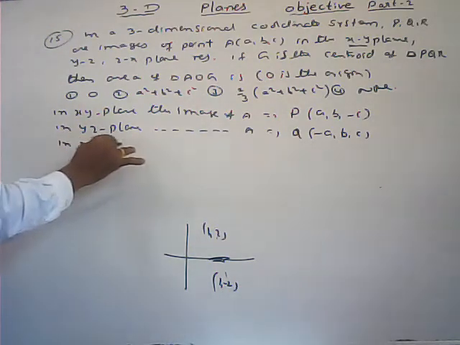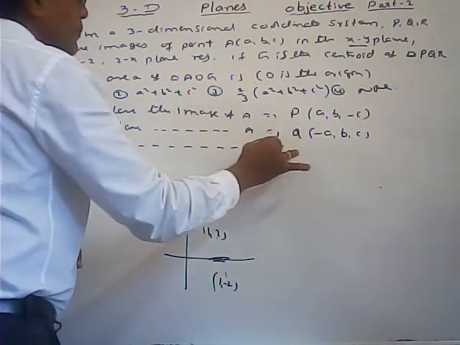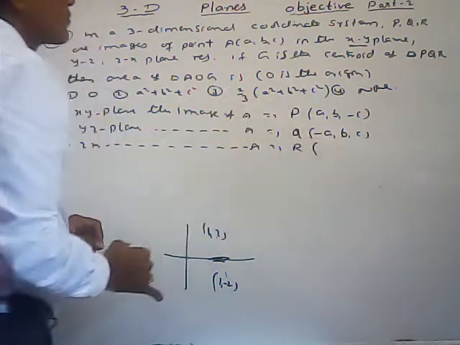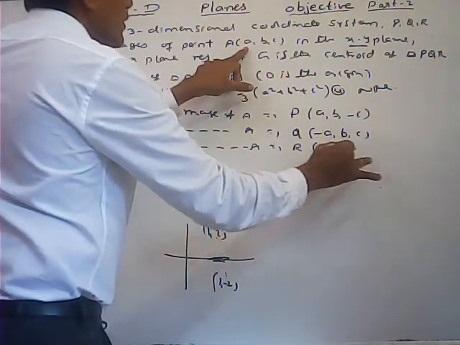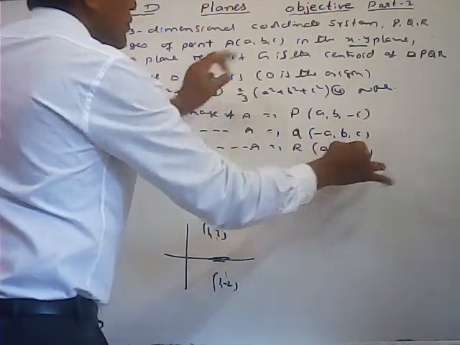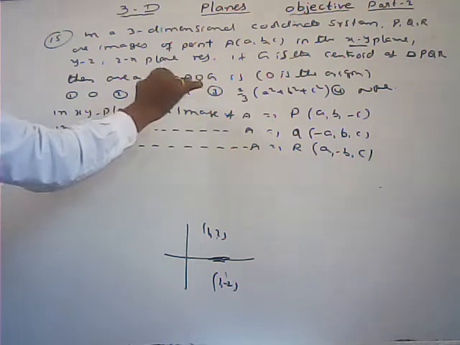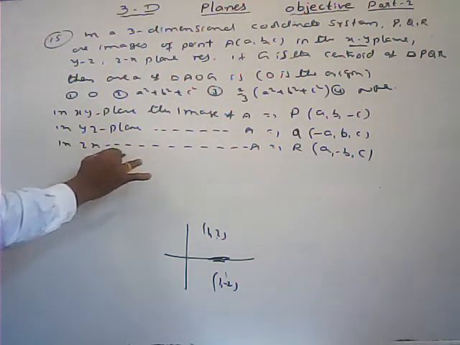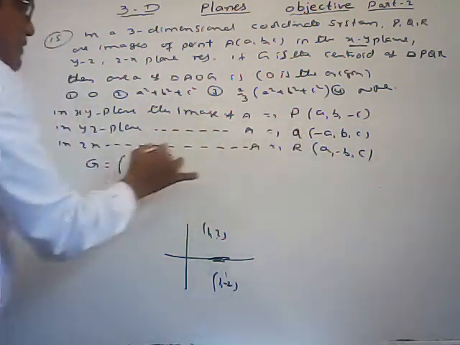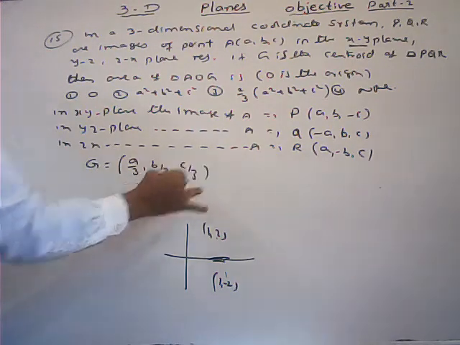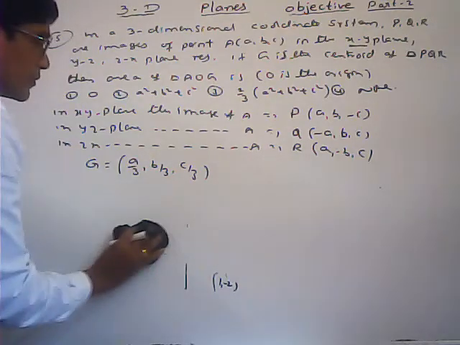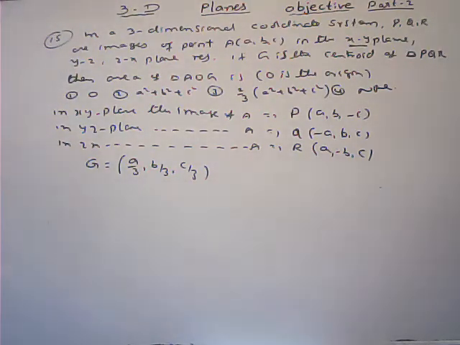In the zx plane, the image of A, that one we are taking R, z and x coordinates remain the same, and the y coordinate sign changes only. So here what they are asking, G is the centroid of triangle PQR. Whatever the centroid, (x1 plus x2 plus x3) by 3, so a by 3, b by 3, c by 3.